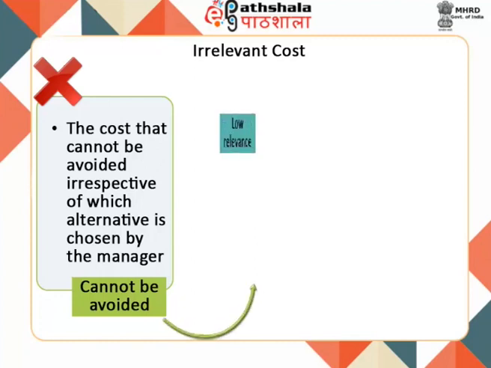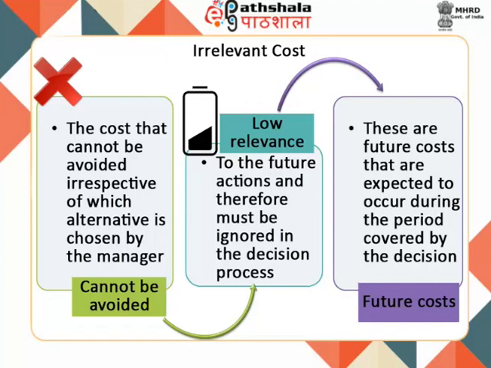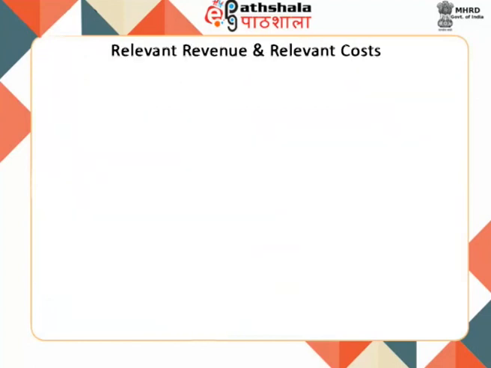These costs have low relevance to the future actions and therefore must be ignored in the decision process. Relevant costs are future costs that are expected to occur during the period covered by the decision. Costs that are identical for all alternatives have no impact on decisions and therefore must be ignored.